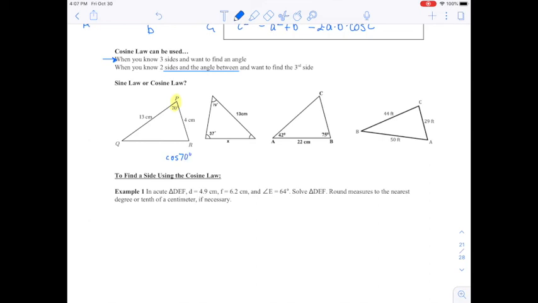It's the only angle I know, so I know it's got to go in the end of my cosine law, the cos 70 part, which means that P squared is going to go on this side. And then I'm going to get 13 squared plus 4 squared minus 2 times 13 times 4. So that's how I write the cosine law here. And what we can see is I only have one piece of information that I don't know.